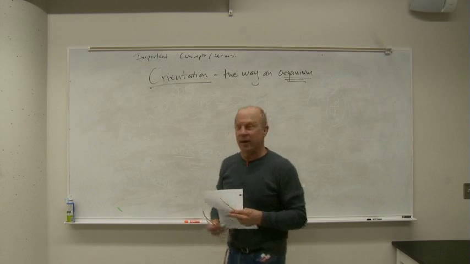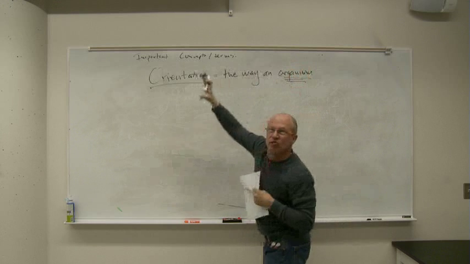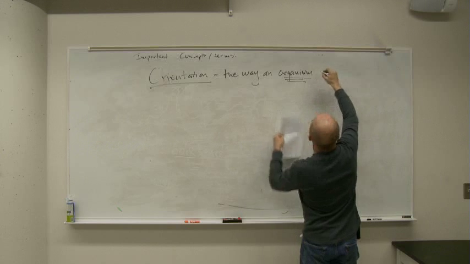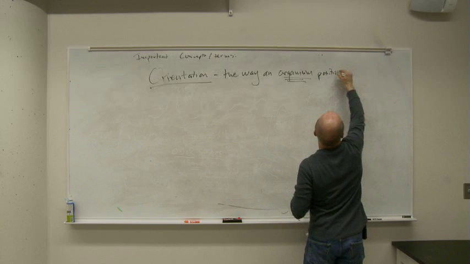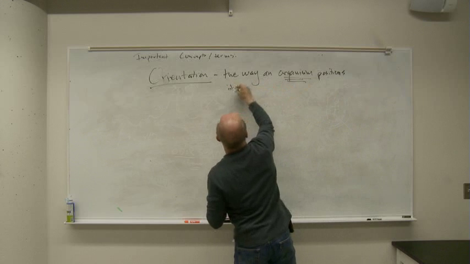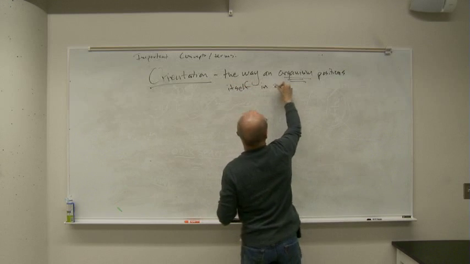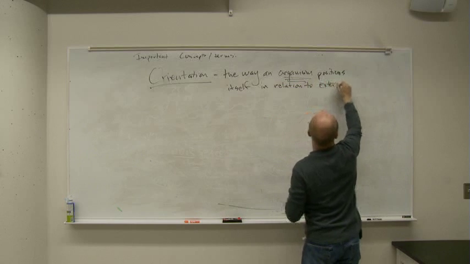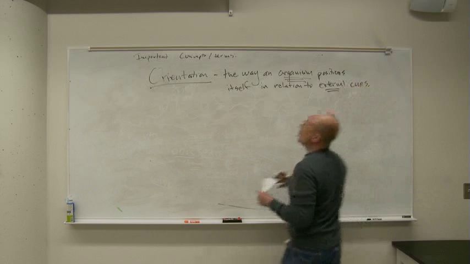They all are orienting to cues too. So this is not exclusive to animals, this phenomenon that we've talked about. So the way an organism positions itself in relation to external cues. And that's important, external cues. Double underline there. That's orientation.